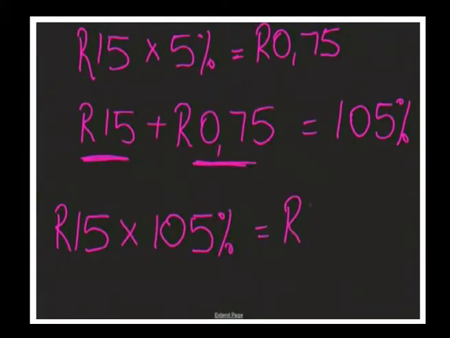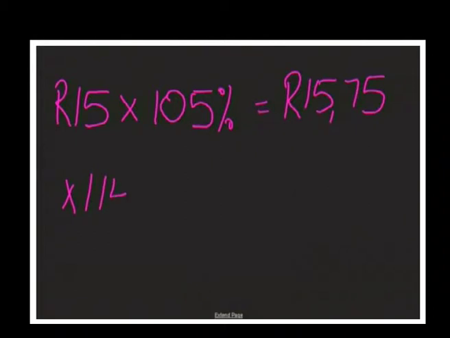So exactly the same answer, but basically done in one step less. So the rule is when you are adding or increasing by a certain percent, you always say 100 plus that percent. So if I had to increase something by VAT at 14%, I would multiply by 114%.